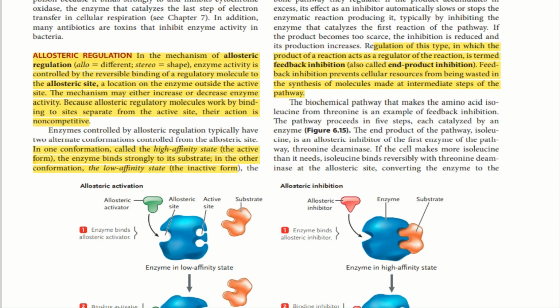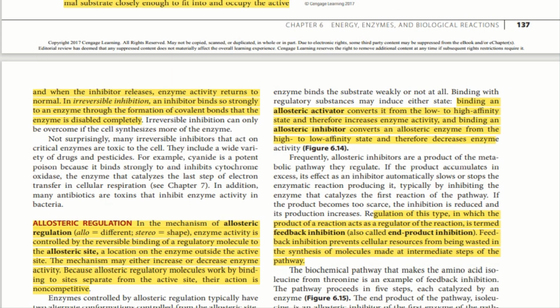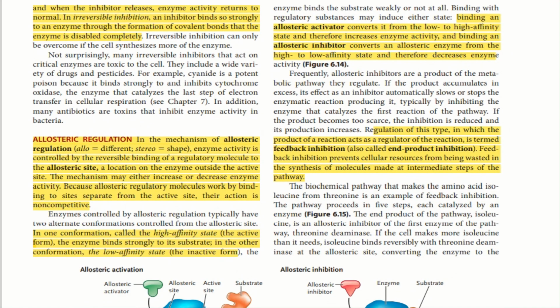In one conformation, called the high affinity state, the active form, the enzyme binds strongly to its substrate. In the other conformation, the low affinity state, the inactive form, the enzyme binds the substrate weakly or not at all.